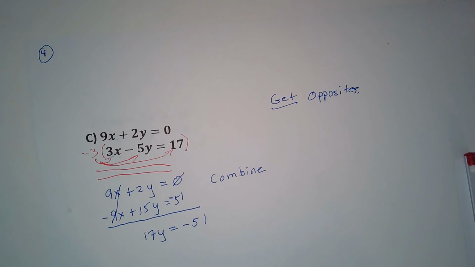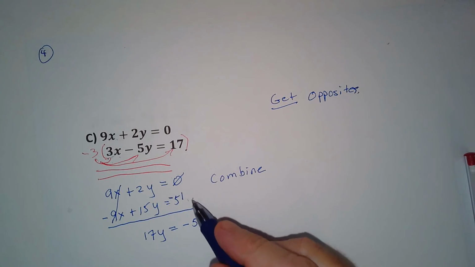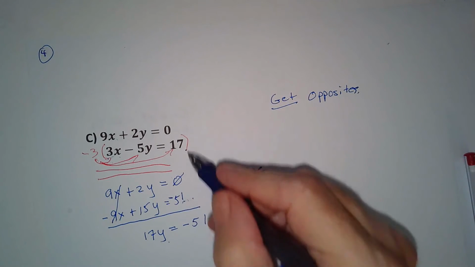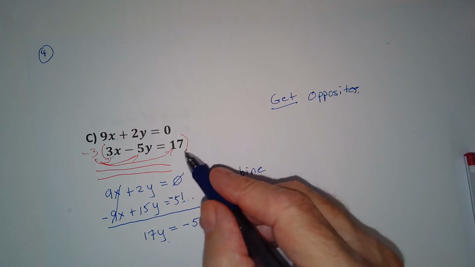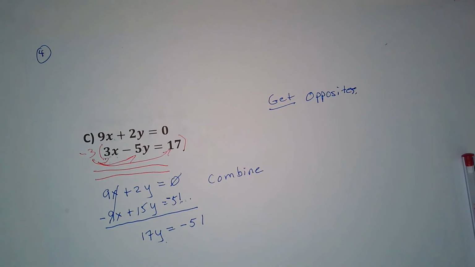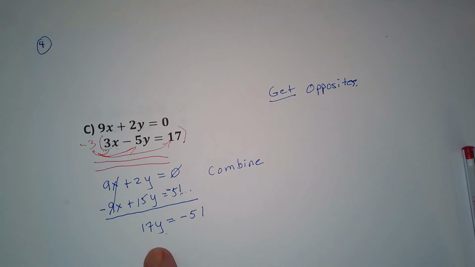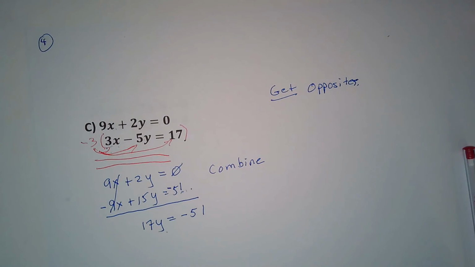All right. So now I notice this is negative 51, this is 17, but this negative 51 came by multiplying negative 3 times 17, so if I divide by 17, I ought to get negative 3, something like that.